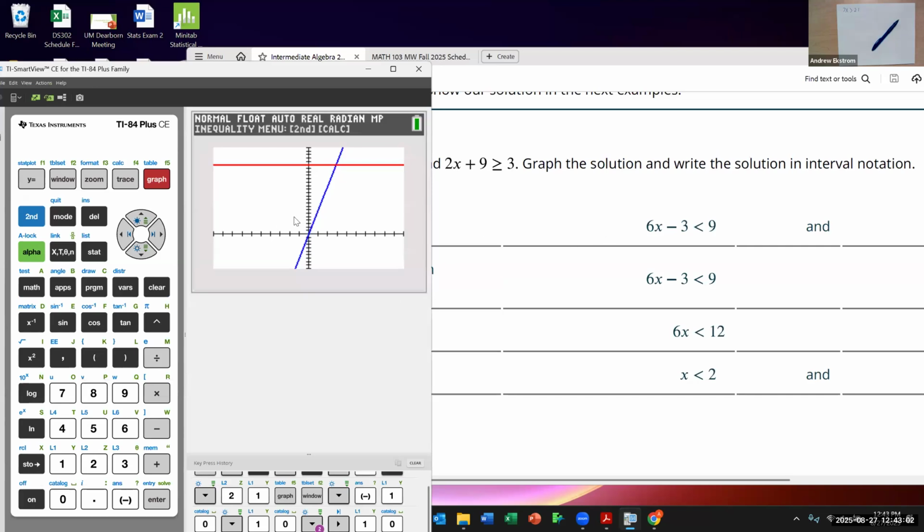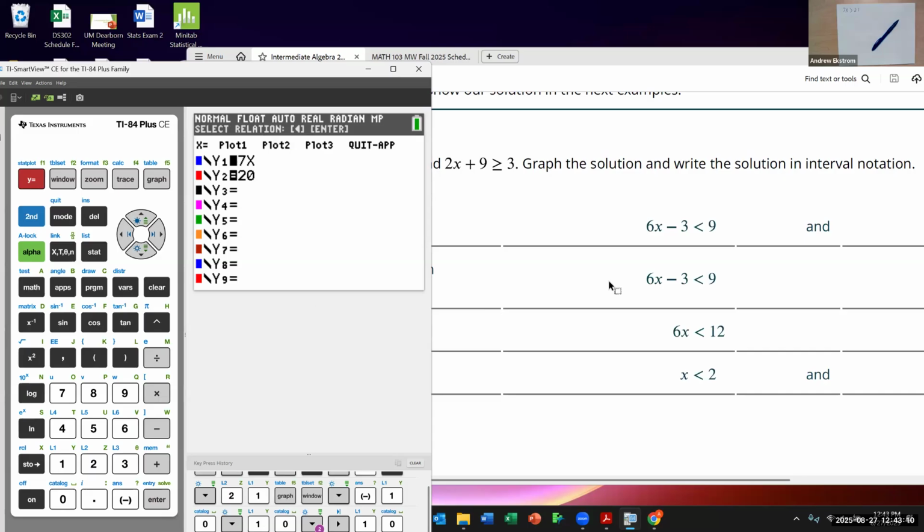So we can actually go in and look at this to give us an idea of what we should be getting. If I want to graph this, I can go to y. And I've got 6x minus 3 on one side. So I'm going to clear this out. Come down here to 6. Up here to x. And then minus 3.